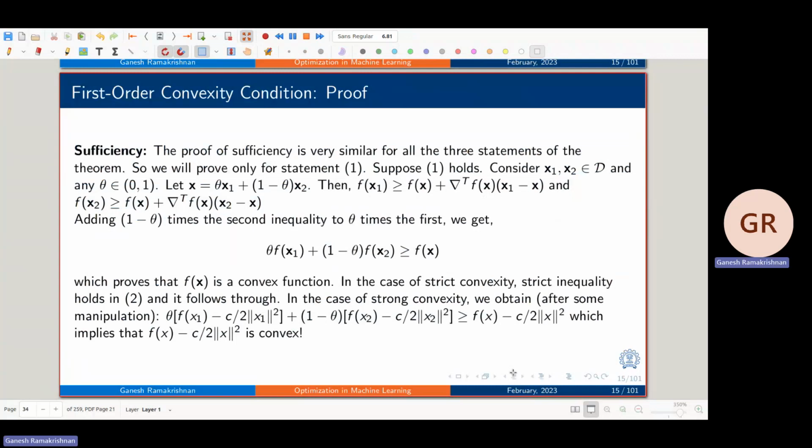The necessity part, let's do now. Necessity is saying that if the function is convex and differentiable, then the supporting hyperplanes must exist: supporting, strictly supporting, supporting with a margin, and so on.